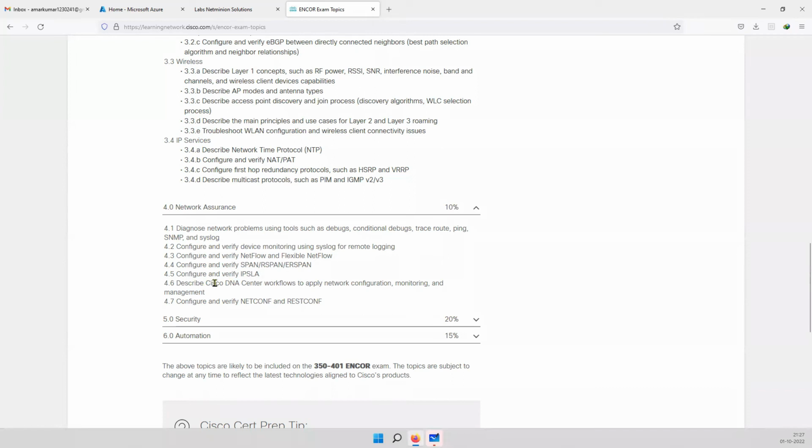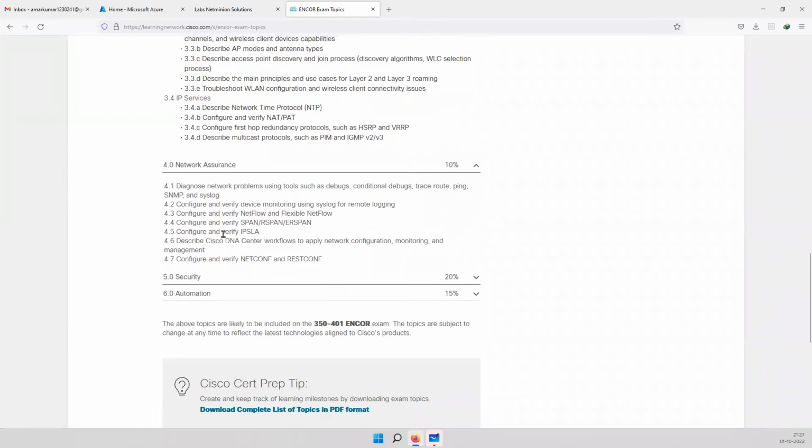Then we are going to talk about Cisco DNA Center to apply network configuration and monitoring management. We can use Cisco DNA Center. And then we will talk about configuring and verifying NETCONF and RESTCONF. Okay. So these are the tools we are going to talk about in network assurance. So basically this is mostly related to monitoring, configuration, and troubleshooting.